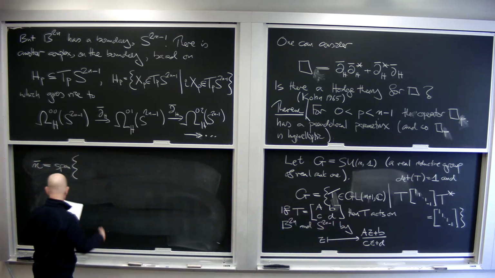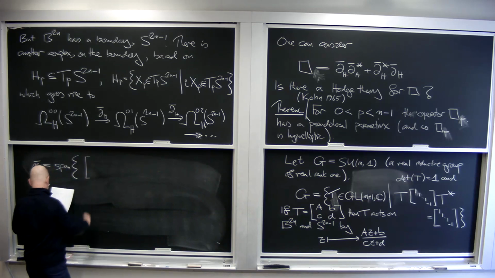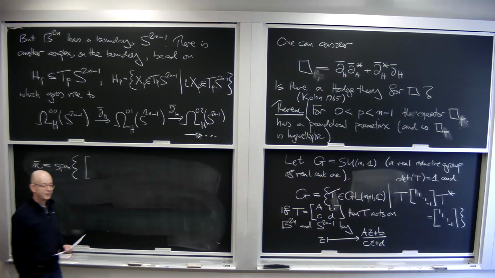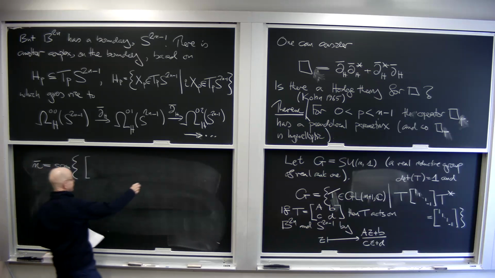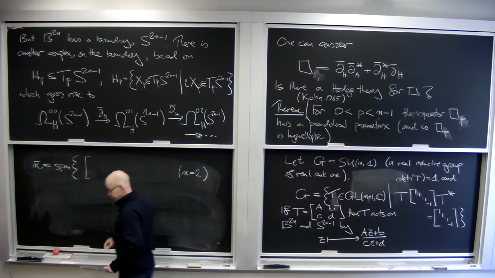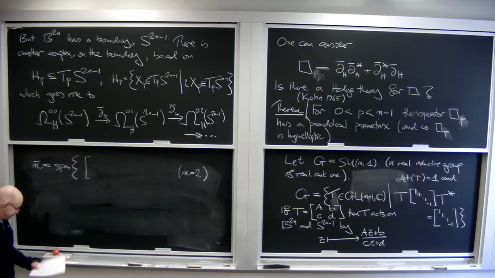This has no relevance for anything, except it proves to you that I can multiply 3x3 matrices together. So let me just do the case here where n is 2. This is the case which is pertinent to a three-dimensional sphere.